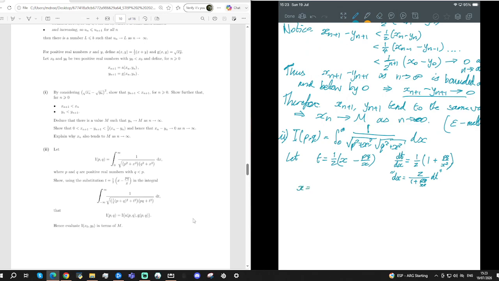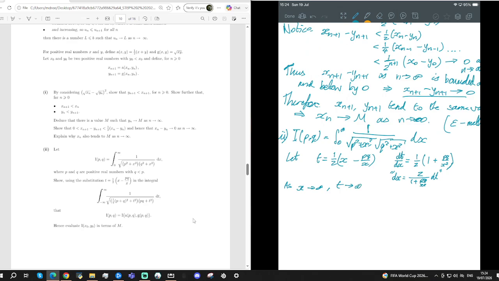So that's telling me how my substitution's going. When x is infinity, which is an awkward thing to say, really I'm thinking as x tends to infinity, and maybe I should be that formal, t is going to tend to, well, the fractiony bit is going to tend to 0. Anything over a huge number goes to 0. And the x bit at the front tends to infinity. Half of infinity is still infinity.